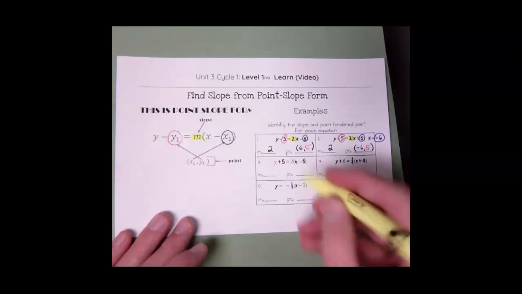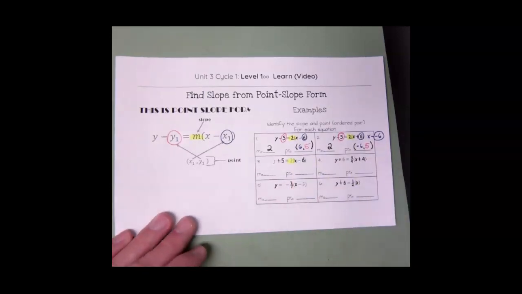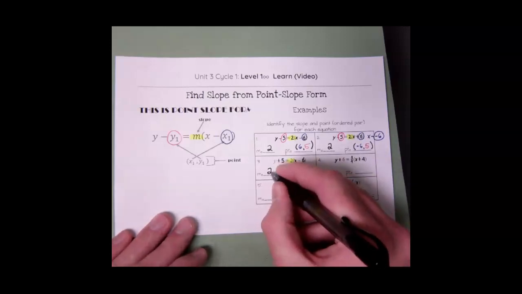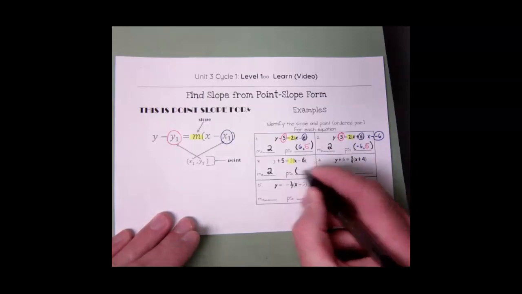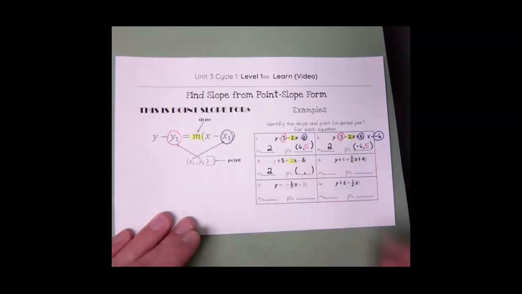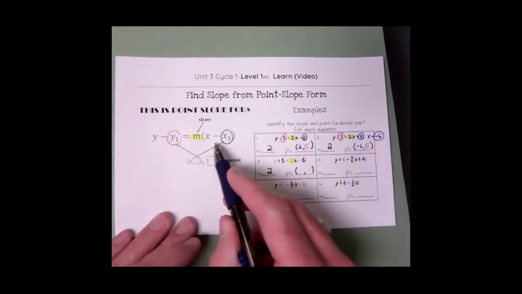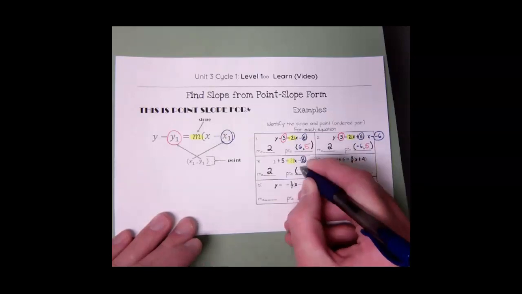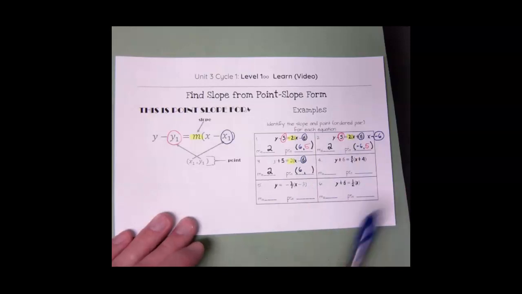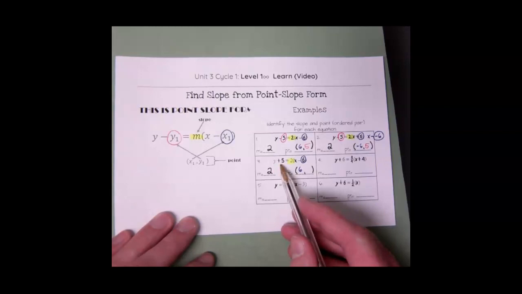Now my slope on this next one is still 2. So let's see what changes here. On this one, my x value, it says x minus 6. So x minus the x1 value, so that is just positive 6. Right? Now my y value, it's y plus 5.